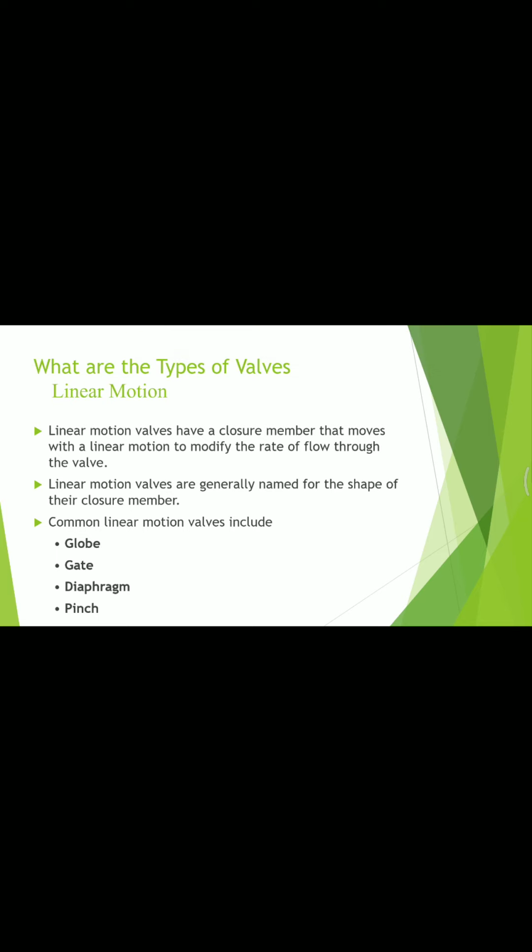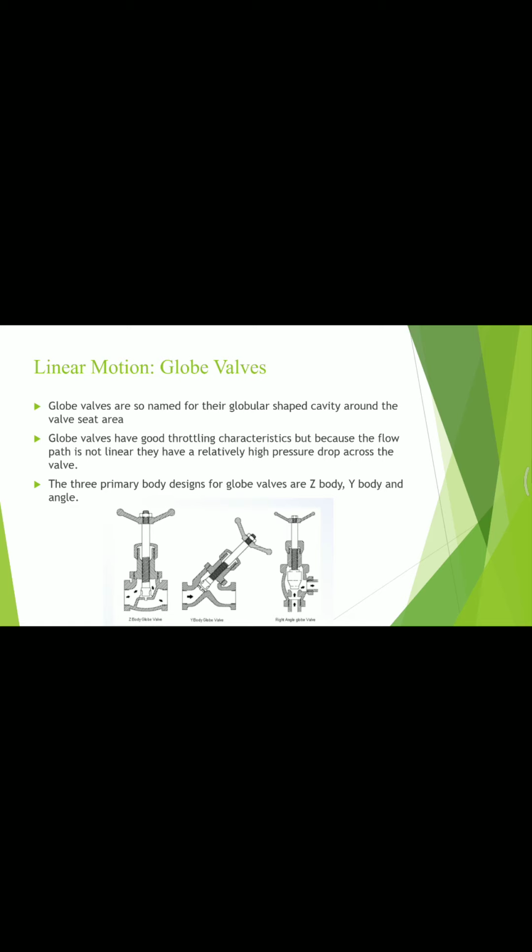Okay, and linear motion globe valves. Globe valves are so named for the globular shaped cavity around the valve seat area. Globe valves have good throttling characteristics, but because the flow path is not linear, they have a relatively high pressure drop across the valve.